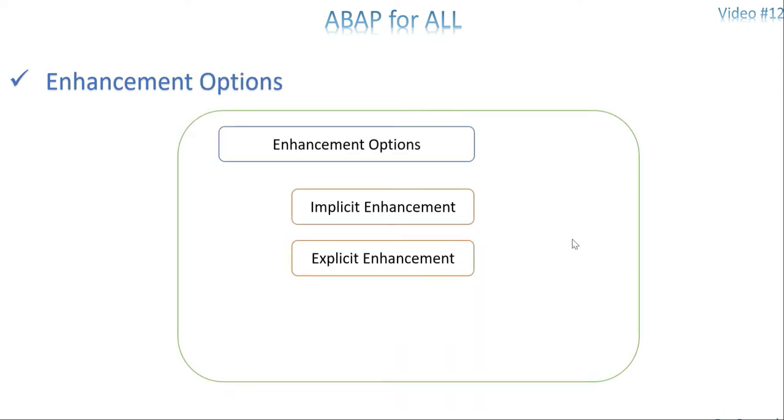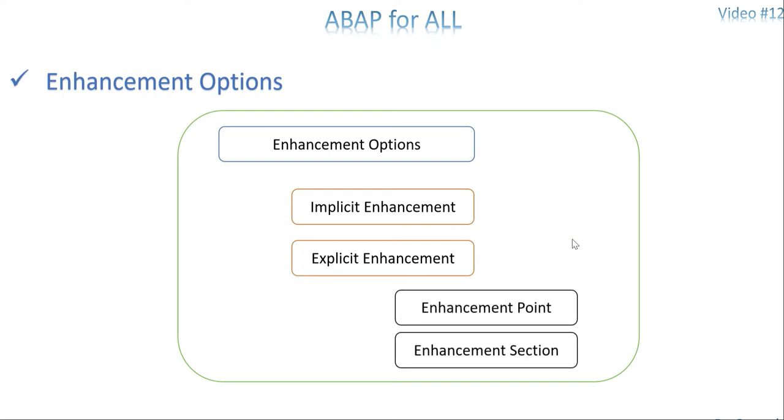Okay. Then enhancement options, you have implicit enhancement options and explicit enhancement options. And an explicit enhancement option has a classification of two: one is enhancement point, the other one is enhancement section. And if you see, implicit enhancement doesn't have any classification, it's just a simple one.